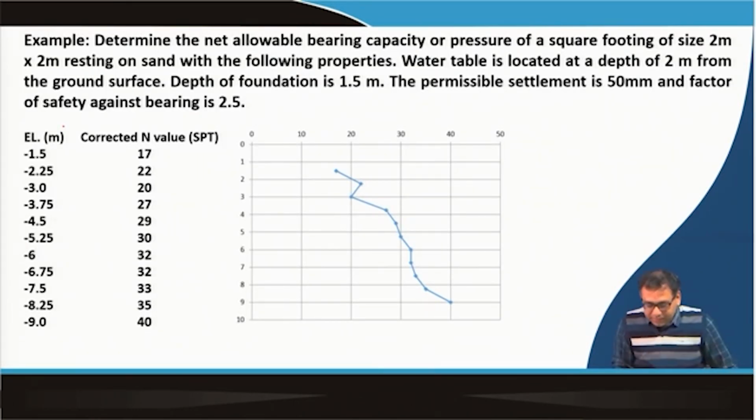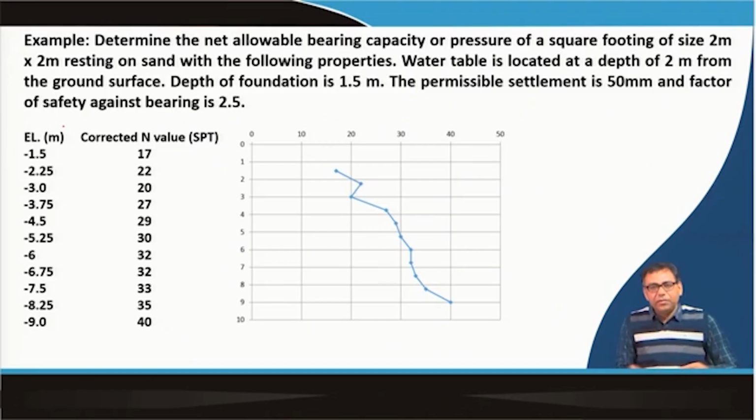So, now we have another example problem. That example problem is based on the SPT value that I have already discussed. Determine the net allowable bearing capacity or pressure of a square footing of size 2 meter by 2 meter resting on sand with the following properties.